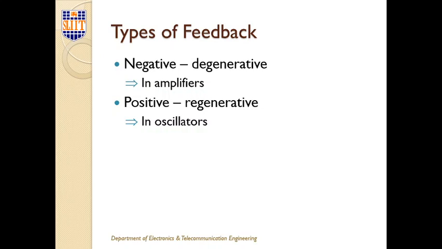So as I said, there are two types of feedback. One is negative, and the other is positive. Negative feedback is degenerative, which means that the effects are reduced, the gain would be reduced, which is used in amplifiers, as we saw in op amp amplifiers, because the op amp has a very large gain, theoretically infinite, but practically in the range of 200,000 odd.